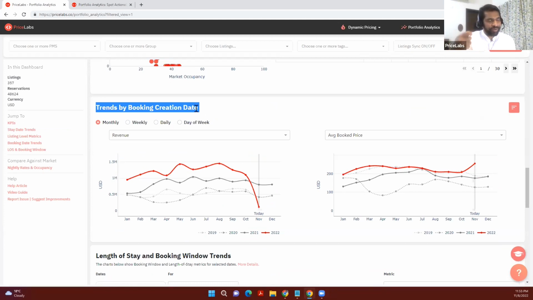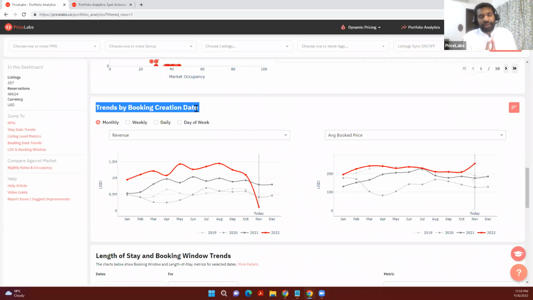For this person, their bookings had come in September already. So while they had not received any bookings in October for that October period, it was just because their lead time had completely shifted. In 2021, they were getting bookings the week before, but in 2022, they had received bookings in September, so a lot longer lead time.